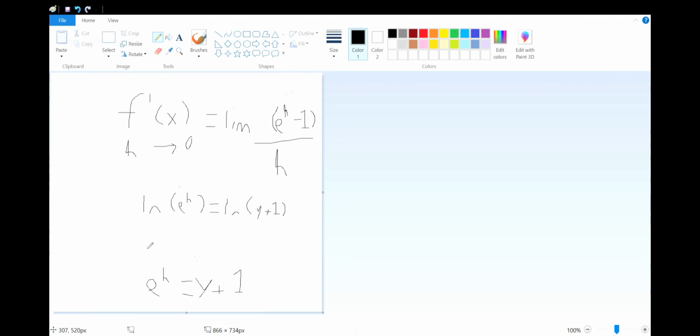We can now simplify the left-hand side to simply be h, and we can go back to the derivative and rewrite it in terms of the substitution y.